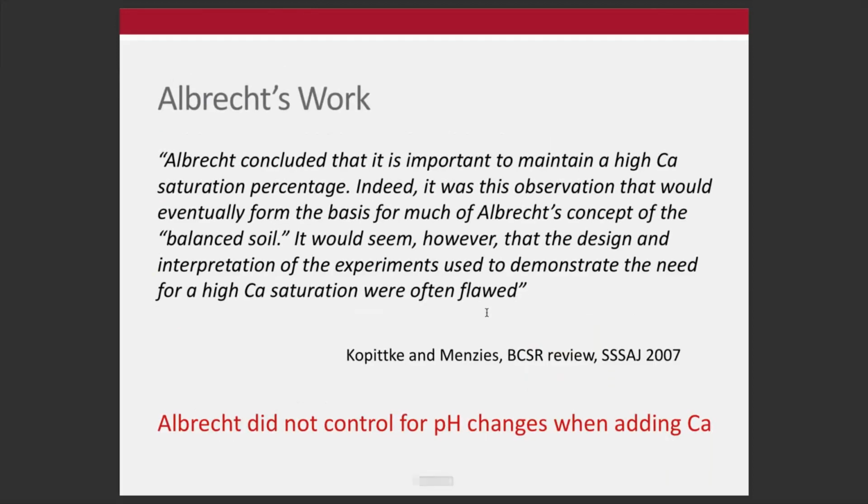So Albrecht, there's been some written about this, and maybe a decade ago there was a review article that came out in the Soil Science Society of America journal, and one of the take-home messages, they did a review of Albrecht's work and other studies that have looked at calcium-magnesium ratios, and they stated that Albrecht concluded that it is important to maintain high calcium.